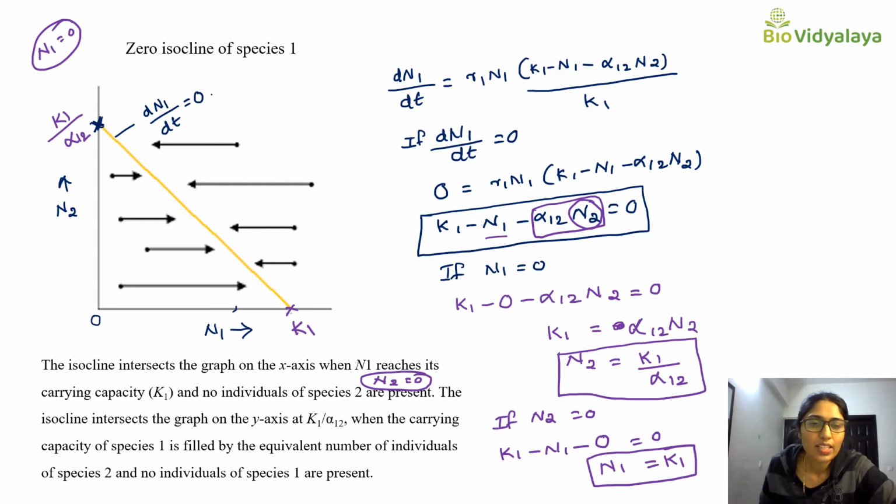The isocline intersects the y-axis at K1 divided by alpha 12 when the carrying capacity of species 1 is filled by the equivalent number of individuals of species 2 and no individuals of species 1 are present. That means N1 is equal to 0. I think this is clear for you.